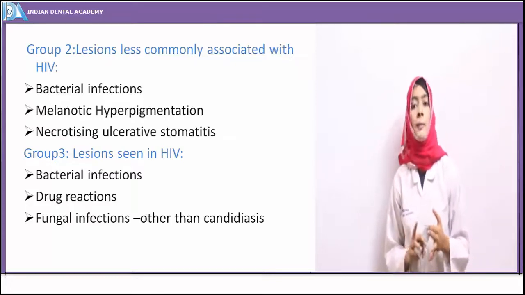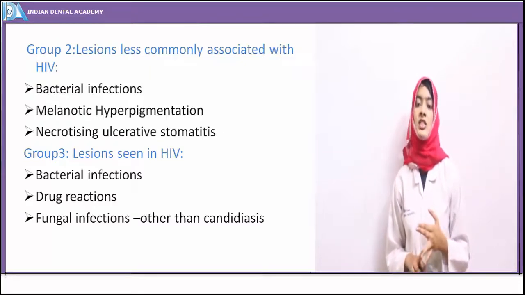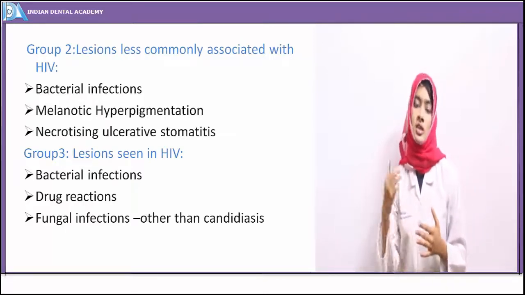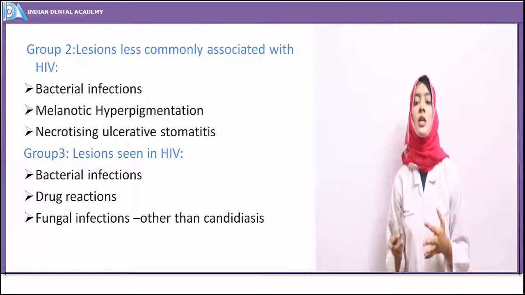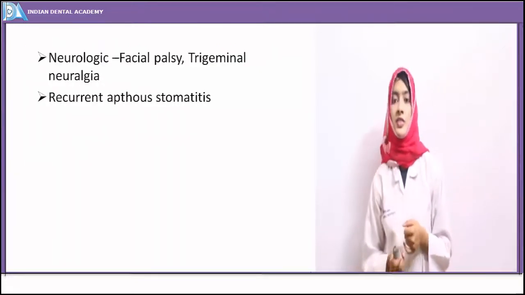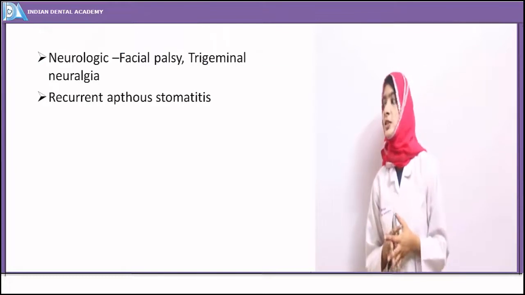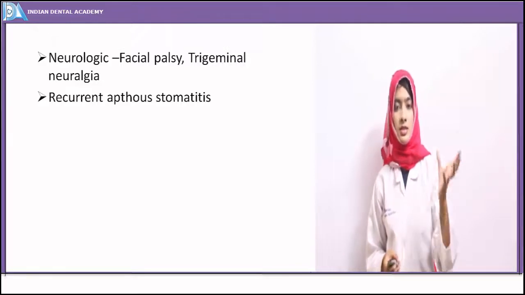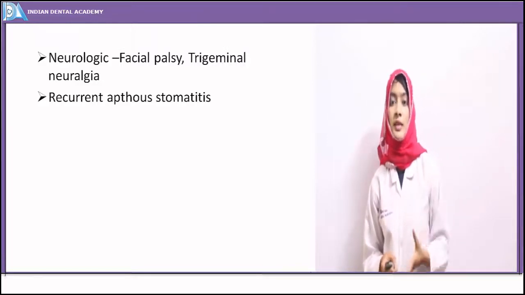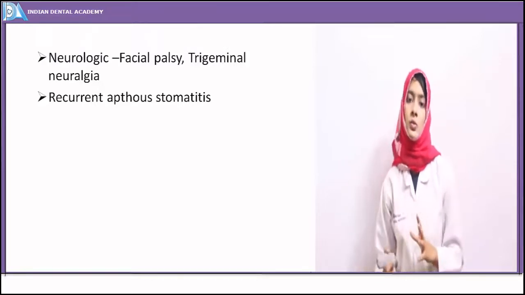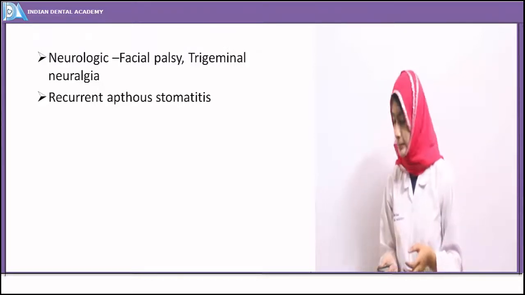These include bacterial infection, drug interactions, epithelioid angiomatosis also, and fungal infections other than candidiasis, that is histoplasmosis, blastomycosis, geotrichum, etc. And neurologic manifestations like facial palsy and trigeminal neuralgia, and recurrent aphthous stomatitis. Recurrent aphthous stomatitis is a commonly occurring oral disease, and it may be associated with HIV infection.